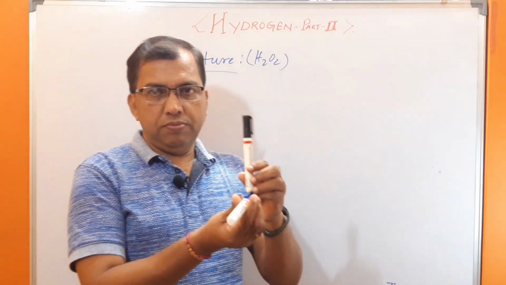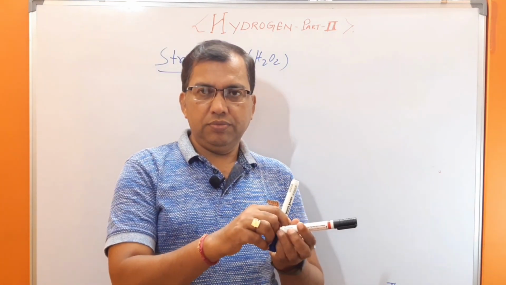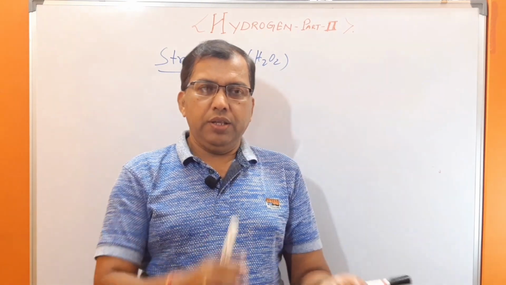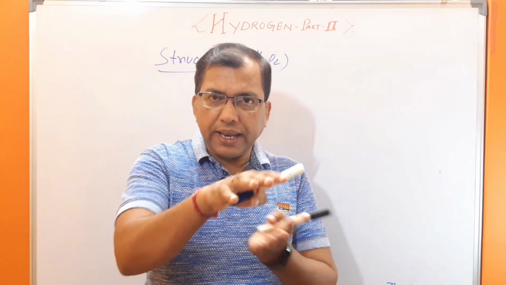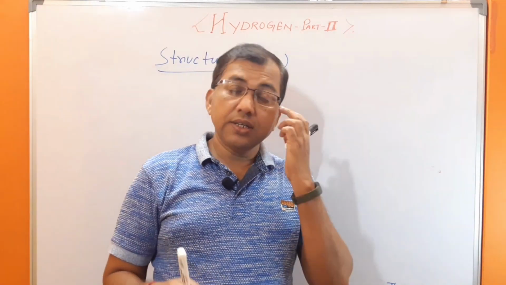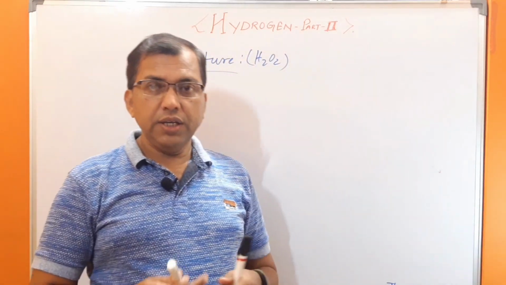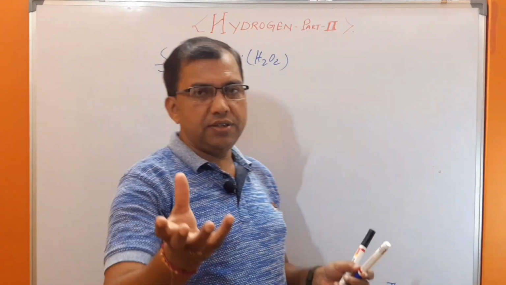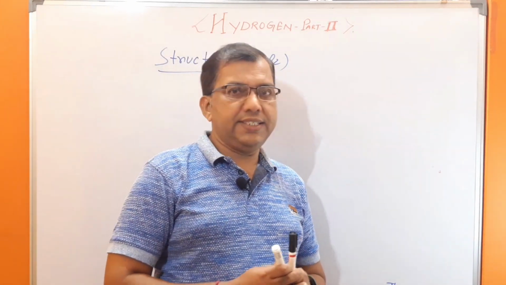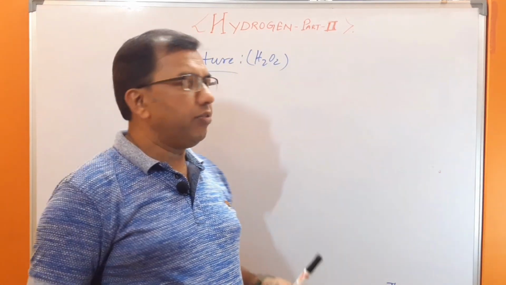The dihedral angle, that is the interplanar angle, is different in the gaseous and in the crystalline state. The angle in the gaseous state is 115.